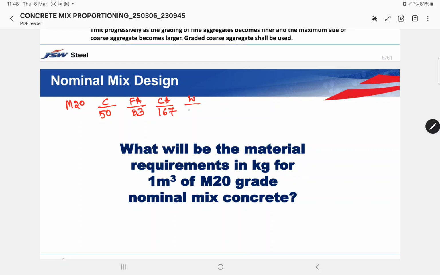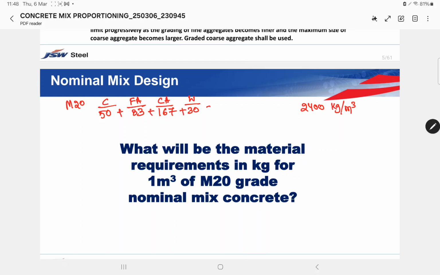Water content is 30. In order to calculate the material requirement for 1 m³ of concrete, we need to know the density of concrete. Now, as per Indian Standard, the density of concrete is 2400 kg per m³.